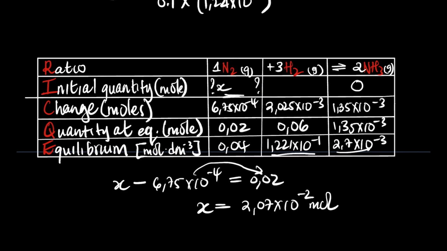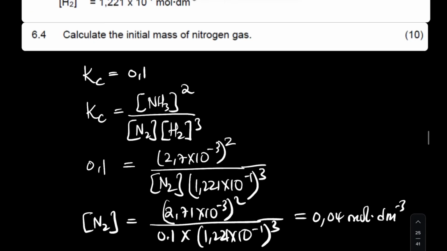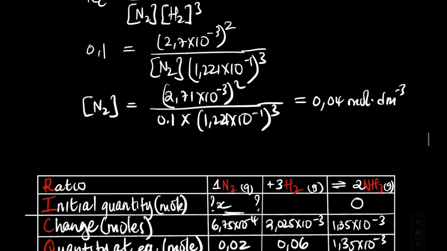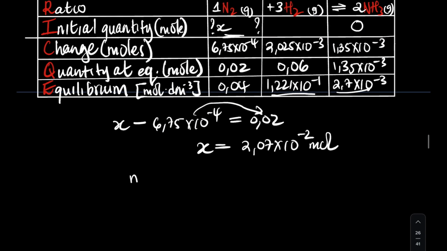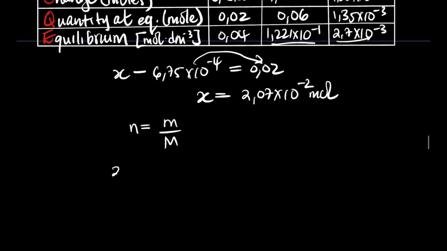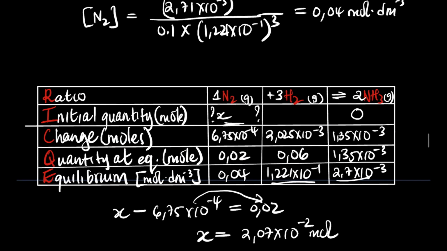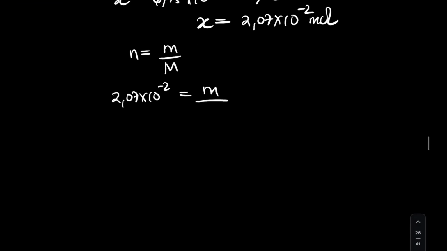This is the initial in mole, but they wanted the mass. So we're going to change and say number of moles is equal to mass over molar mass. And then we take that 2.07 times 10 to the power negative 2. And then we want the mass, and then the molar mass of nitrogen. Remember, this is nitrogen that is needed here. So the molar mass of nitrogen is going to be 14 times 2, which is 28.